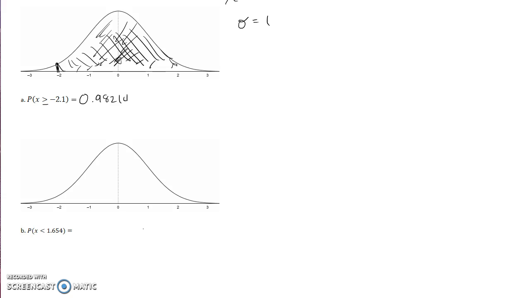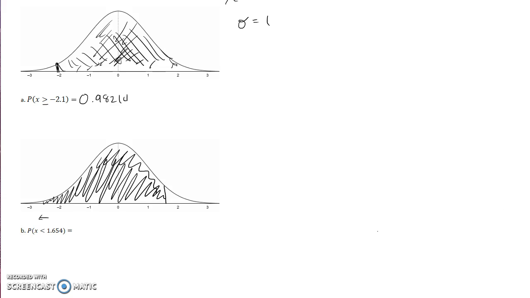The next one says the probability that x is less than 1.654. Remember that this symbol means less than. I look at it like an arrow. It's going that way, so that's the way I'm going to shade. 1.654 is something like right here. Less than is going to be all of this stuff on this side. Again, this is going to be a pretty big percentage. I'm shading a good deal of this graph.